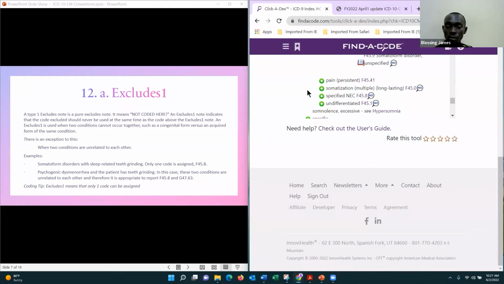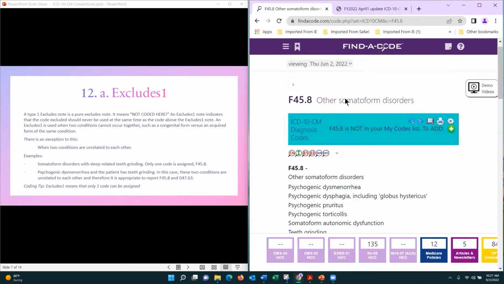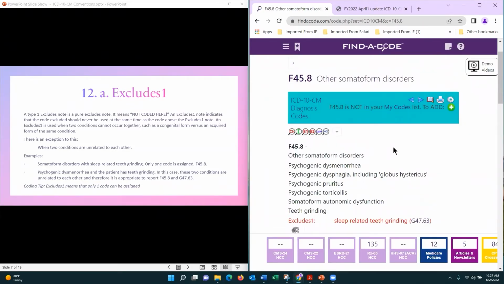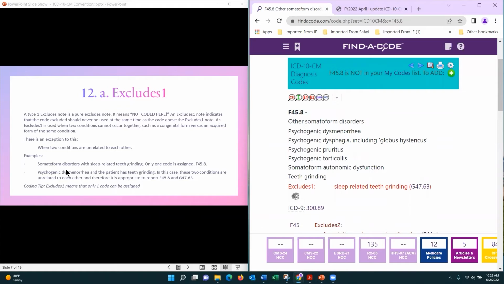Let's open up, because we know that we have a condition. F45.8. So I've got a specified condition with my disorder.